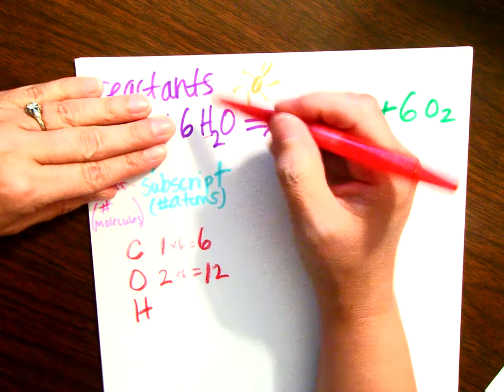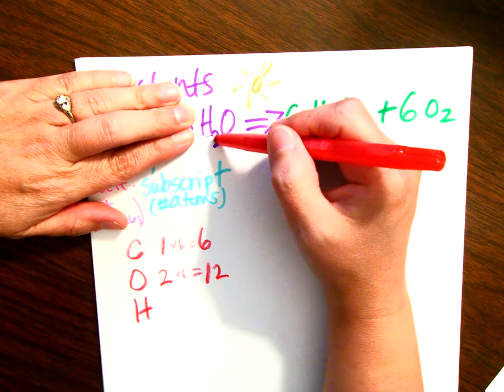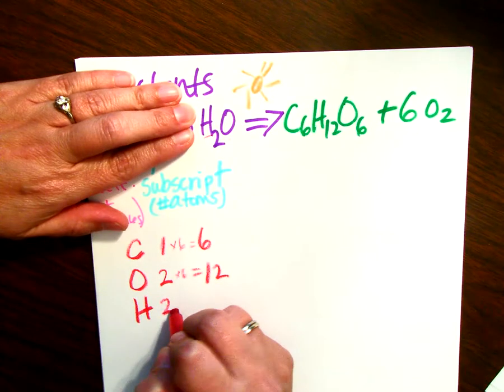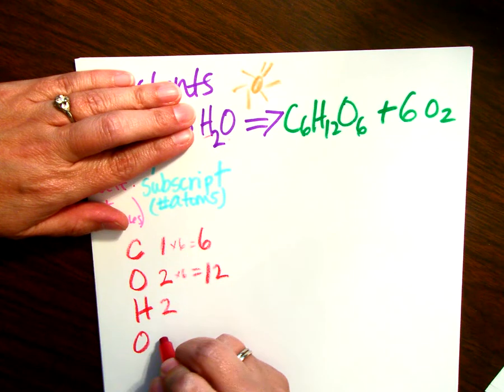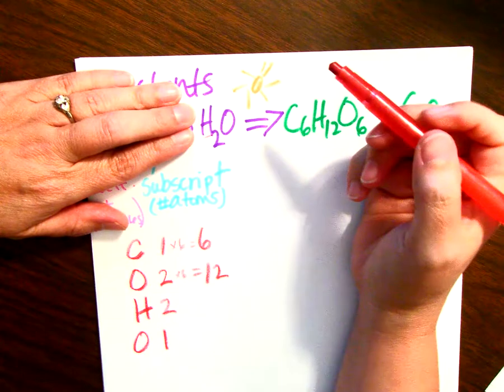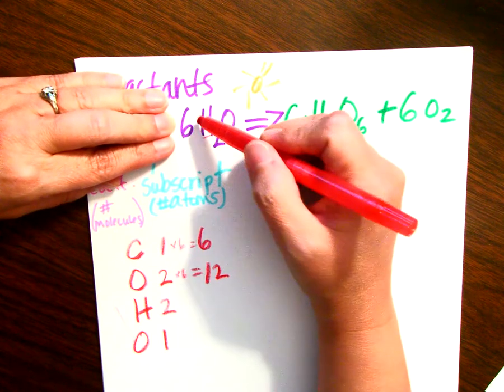Let's work on this one now. Okay, let's not look at the coefficient just yet. We have 2 hydrogen, and we have 1 oxygen. And we can add these together in a minute. So now let's look at the coefficient.